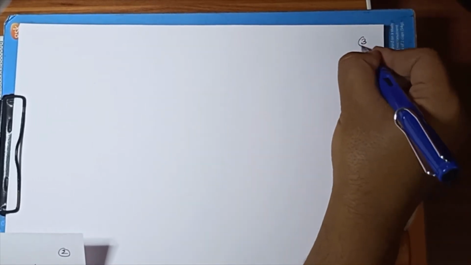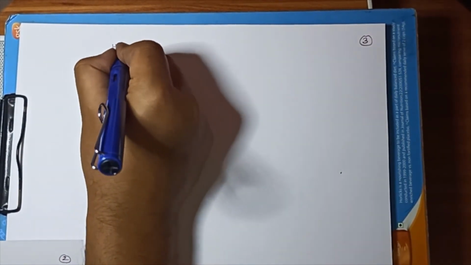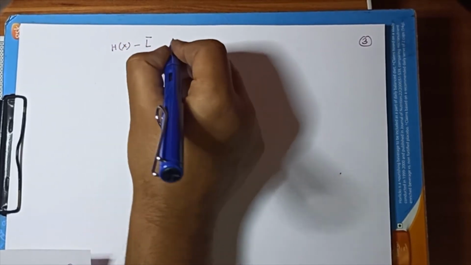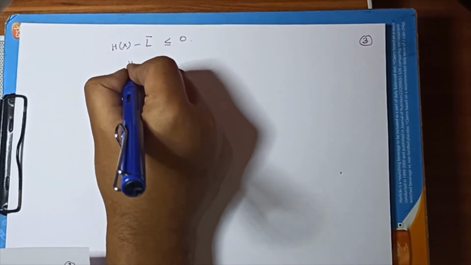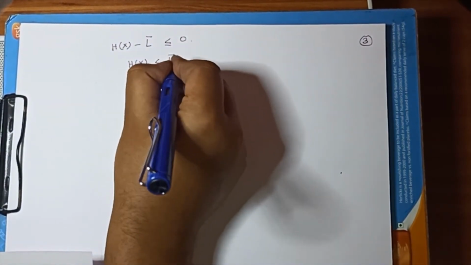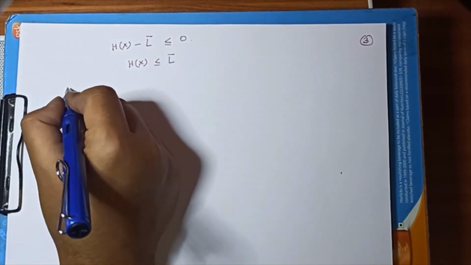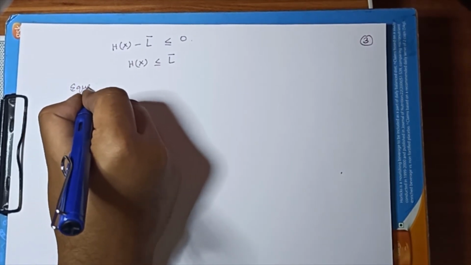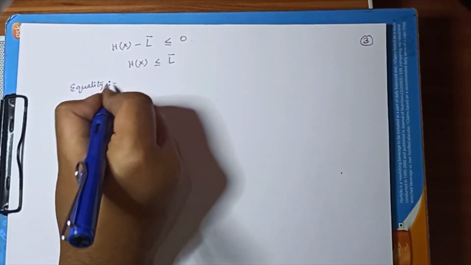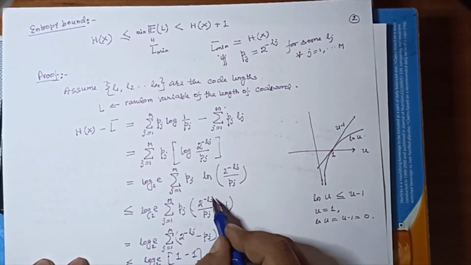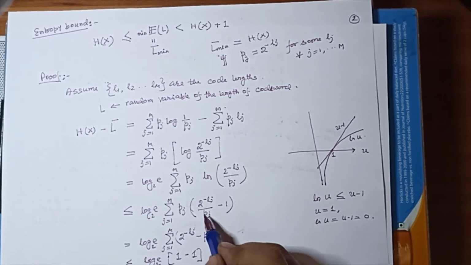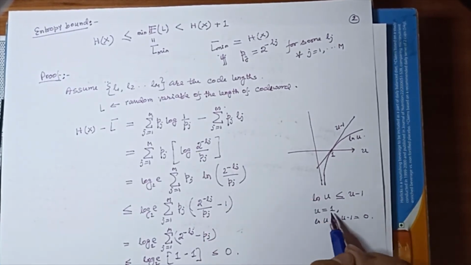So the one side is established: Hx minus L is less than or equal to 0, or Hx is less than or equal to L. Now when will the equality happen? Equality will arrive here if u is equal to 1.